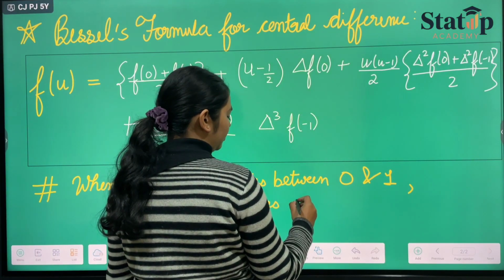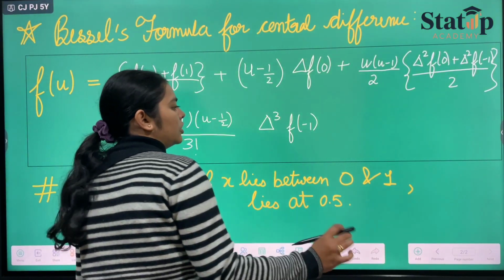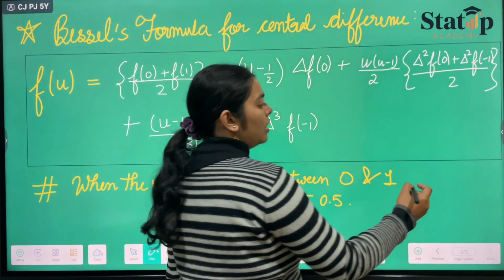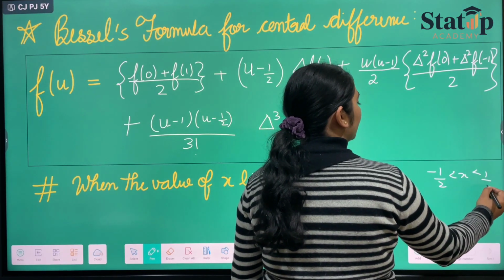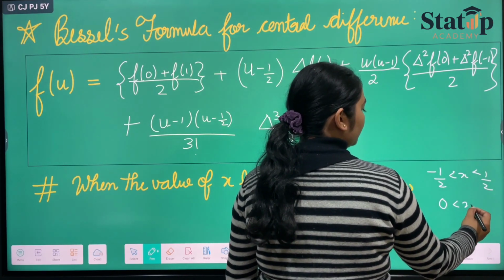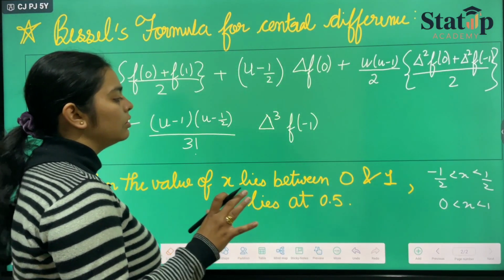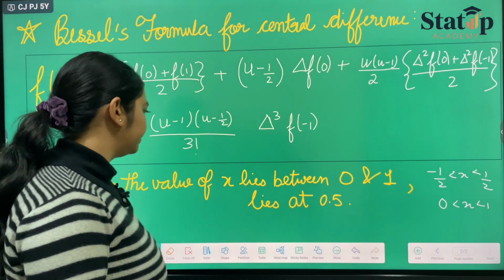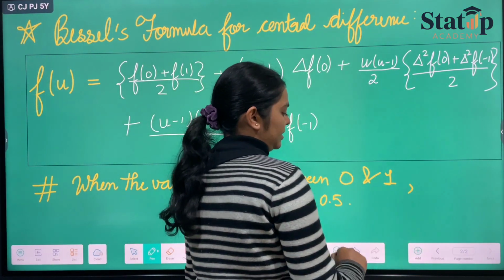The central point will be 0.5. This should be kept in mind. If we talk about Stirling's formula, the range was minus half to half. Here the range is 0 to 1. And since it is the central difference formula, exactly at the center, 0.5 will lie. So this was about Bessel's formula and why it is applied.